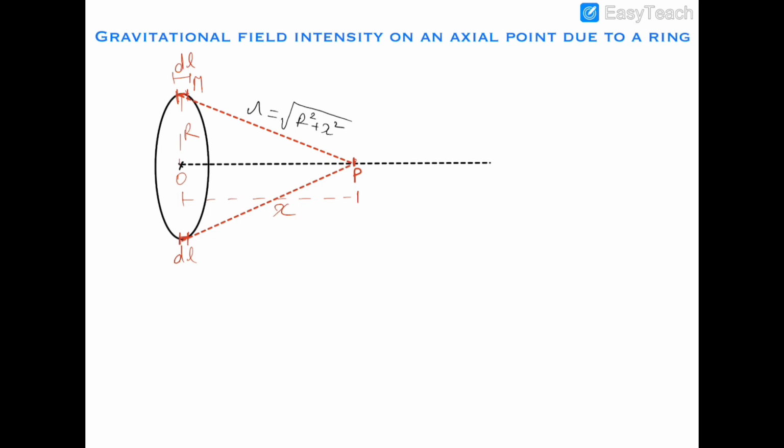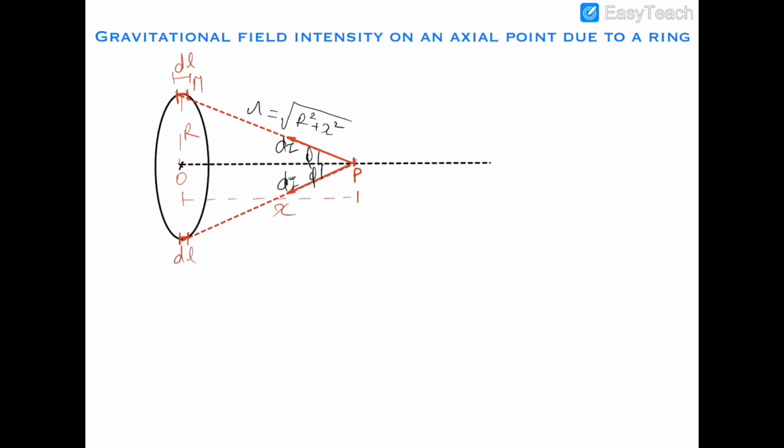The gravitational field intensity due to these elements at point P is like that. This is dI and this is dI. This angle is phi and this angle is phi.